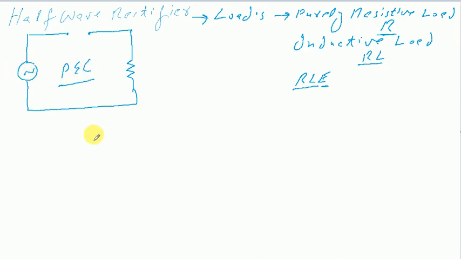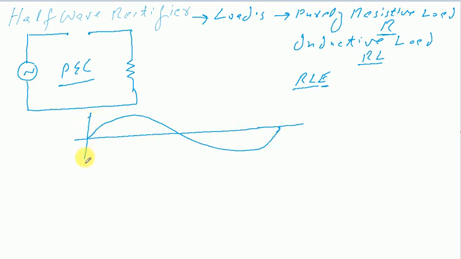Here on the input side, if I draw the waveform of this voltage signal, we'll have something like this. This may not be exactly to scale, but for understanding, I hope you will get the idea. This is the source voltage represented by Vs here.